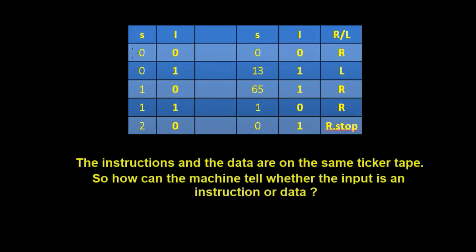So depending on its internal state and the input that comes in, it can either retain that state at the same value or it can change it. It can then change the value of that input to another value or retain that same value, and then it will move the ticker tape one position to the left or the right. So that's all that machine will do.